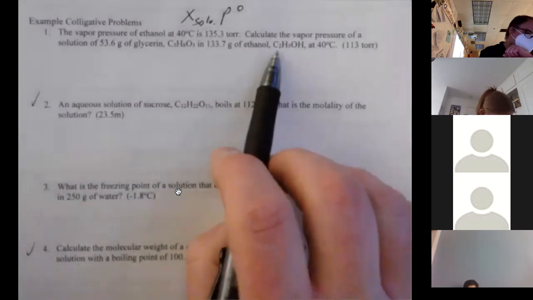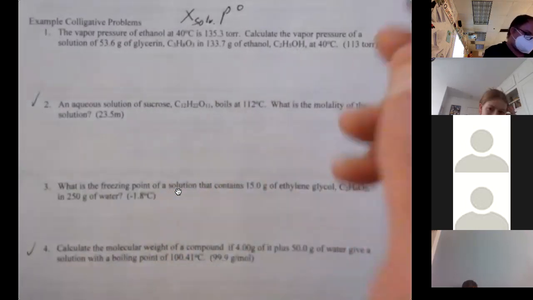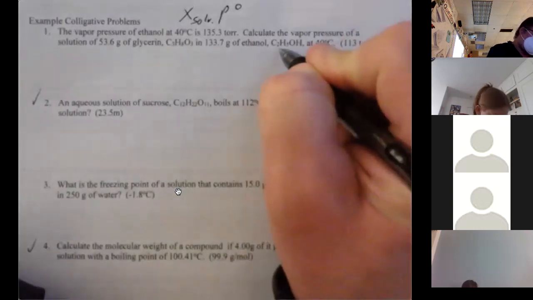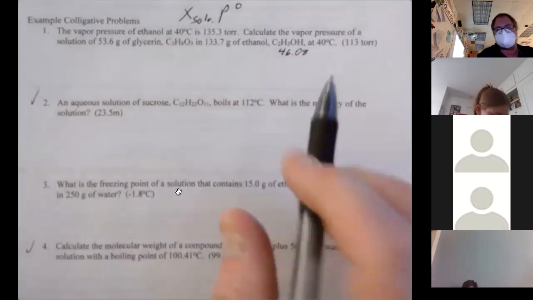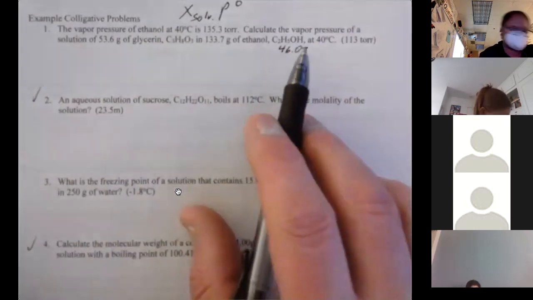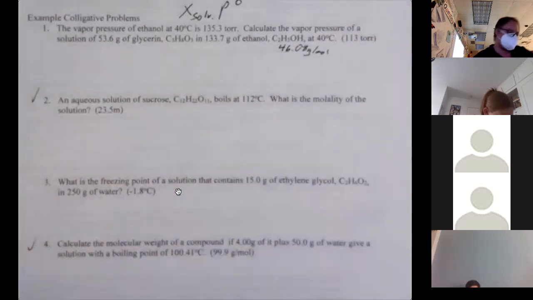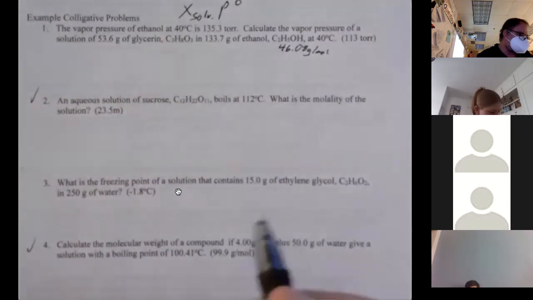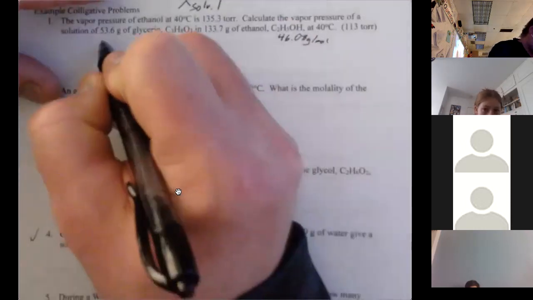2 times 12.01 plus 6.06 plus 16. It's 46.08. So that right there is the molar mass of ethanol. 133.7 divided by 46.08. It's about 2.9014.